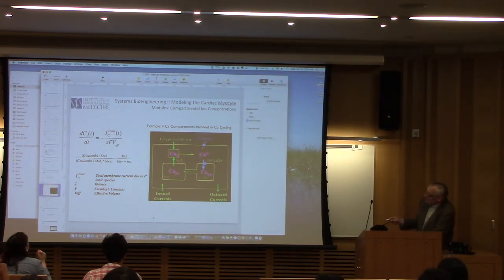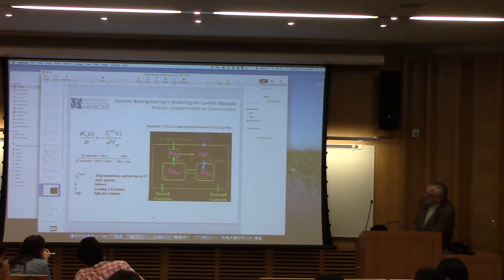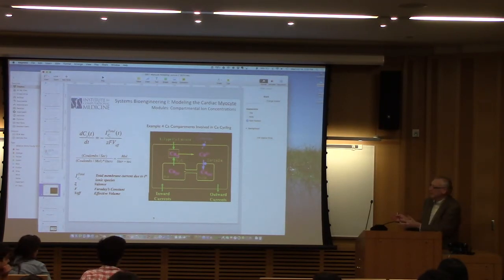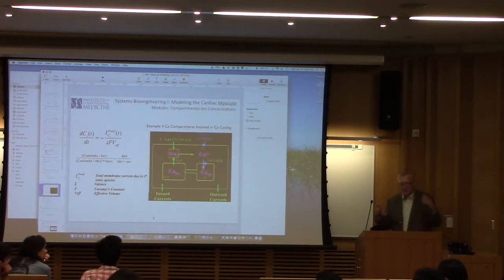And so here is a cartoon diagram of a model of a cardiac myocyte with regards to the different calcium compartments that are in the model. The first that we think of is this big compartment, which represents the bulk cytosol of the cell.